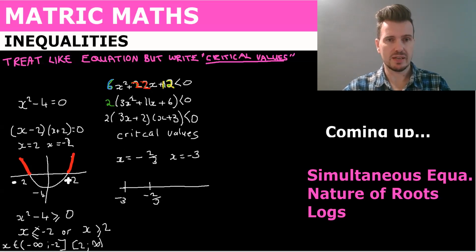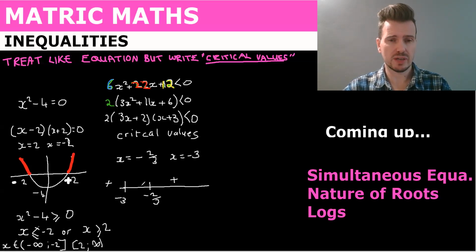Say you had negative 100. Negative 100 squared would be a big number, so we'd have a positive here. And if it was positive 1,000,000, that squared number is going to be huge, so this is going to be plus here.